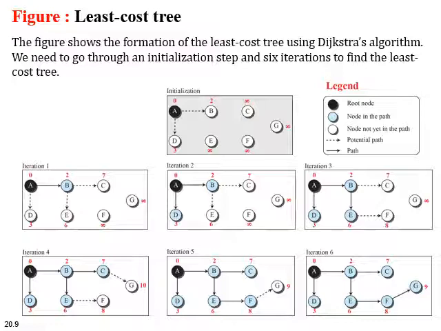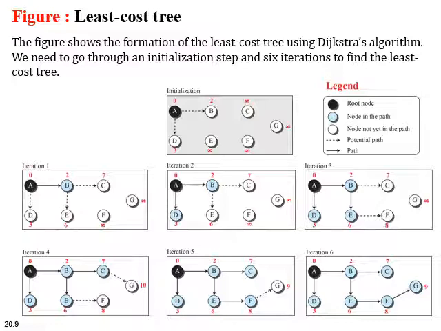The black node represents the source node, blue is a node with the path, and white is a node not yet in the path. The dotted arrow represents a potential path, and the solid arrow represents the path.